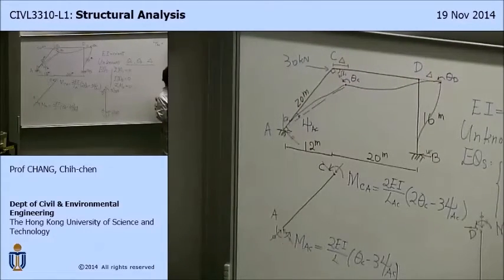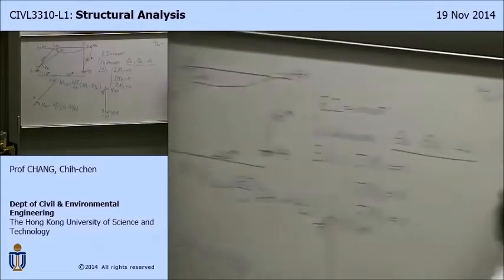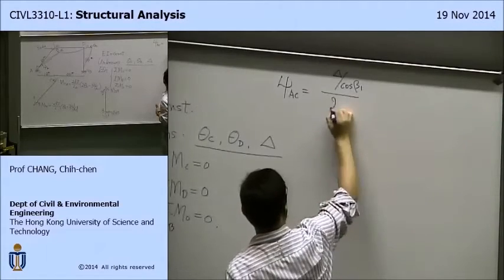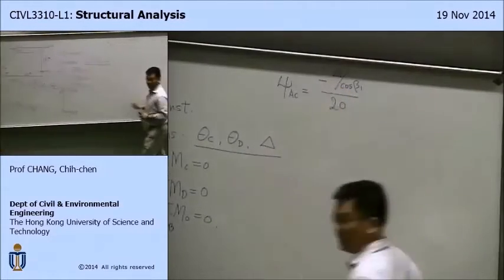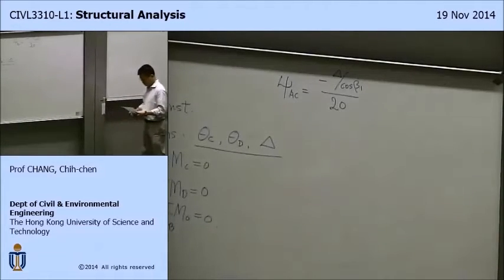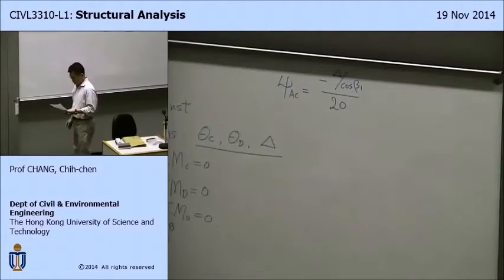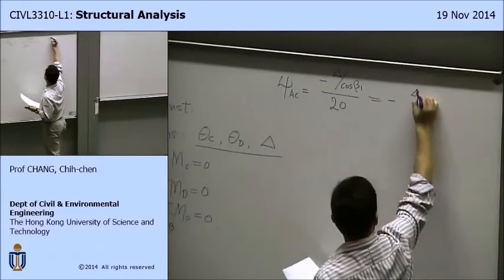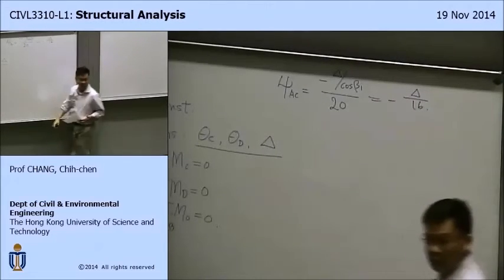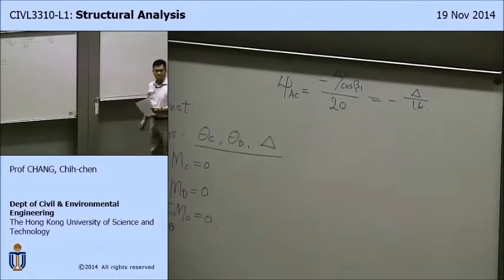So delta divided by cosine beta 1. And the length of AC is 20. And it's in the clockwise direction, so it's negative. Negative 16/20. So that's the rigid body rotation angle for AC.